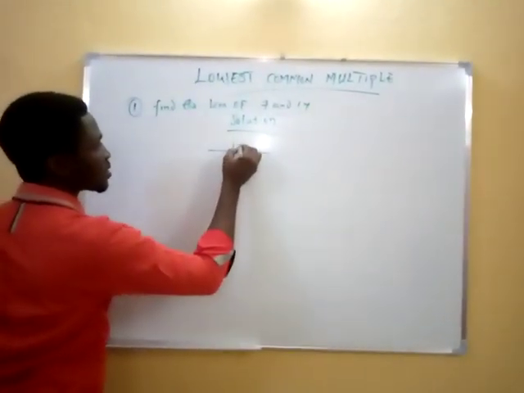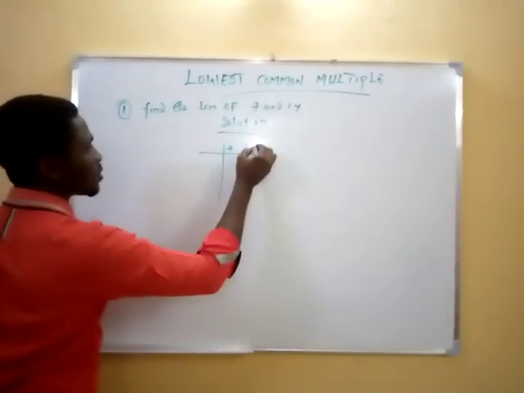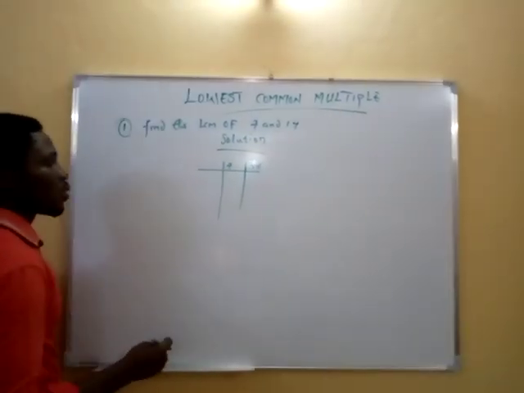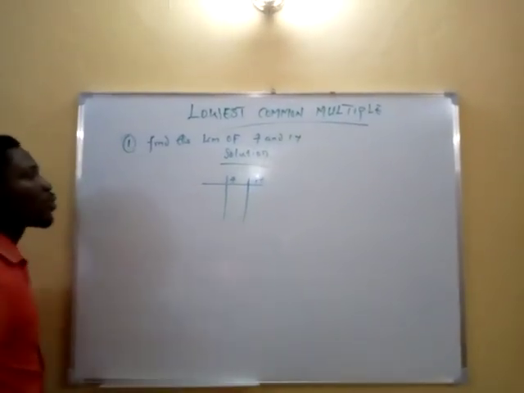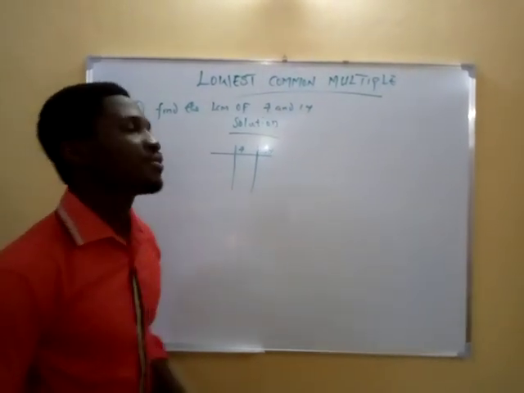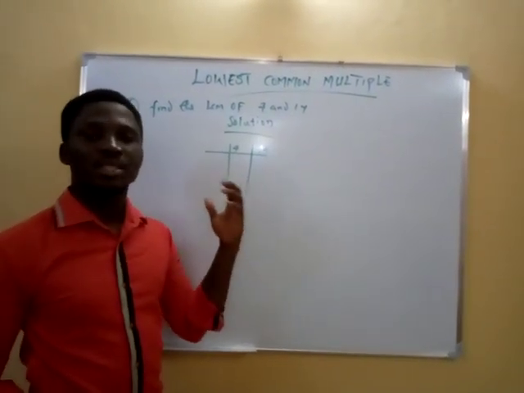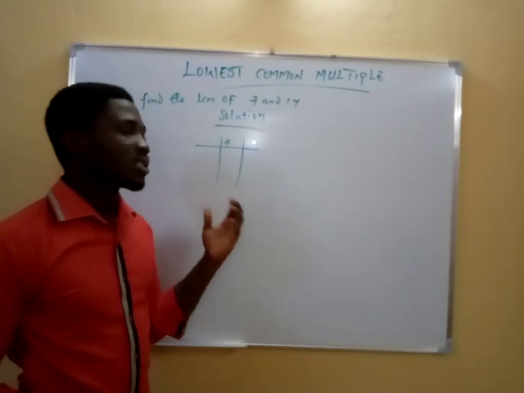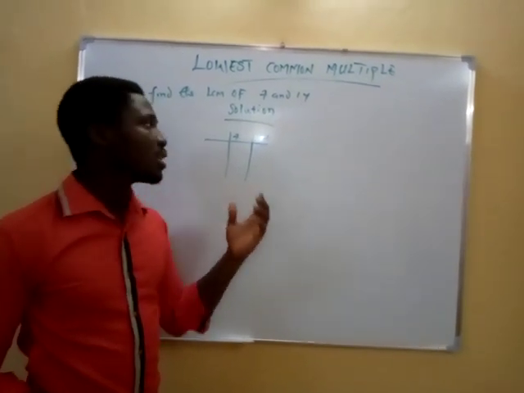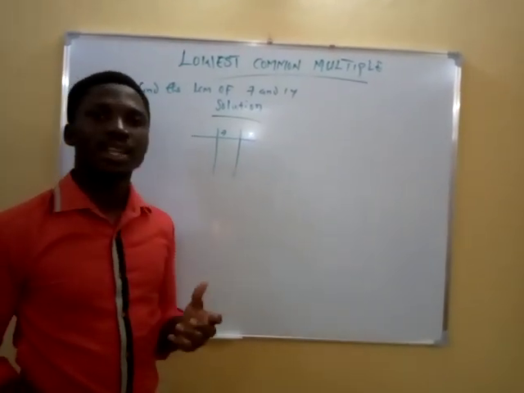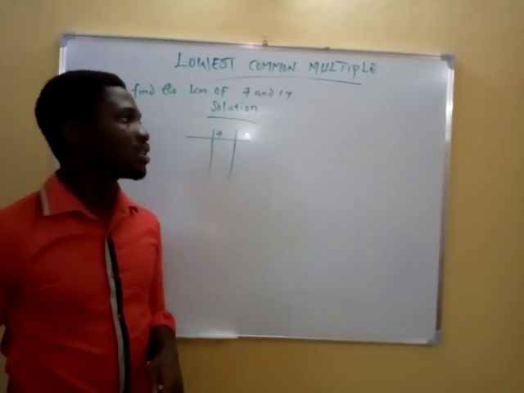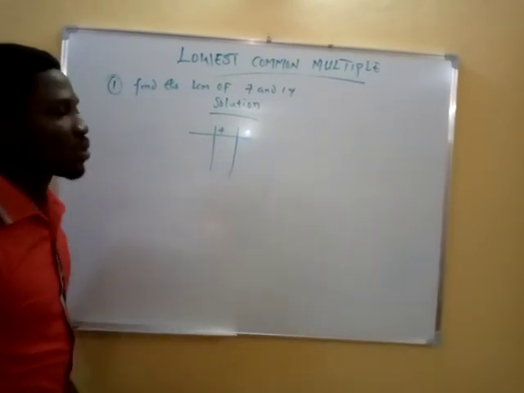Okay, we have 7 here and we have 14 here. What do we do here? You look for the lowest number that 7 can be divided by without a remainder, and the lowest number 14 can be divided by without a remainder, and then you carry it out sequentially.